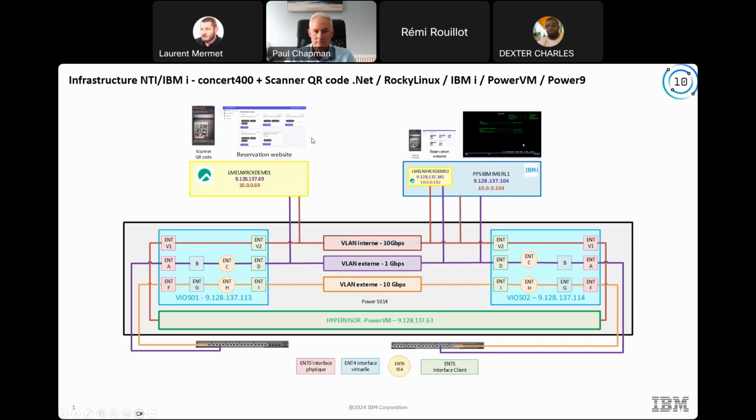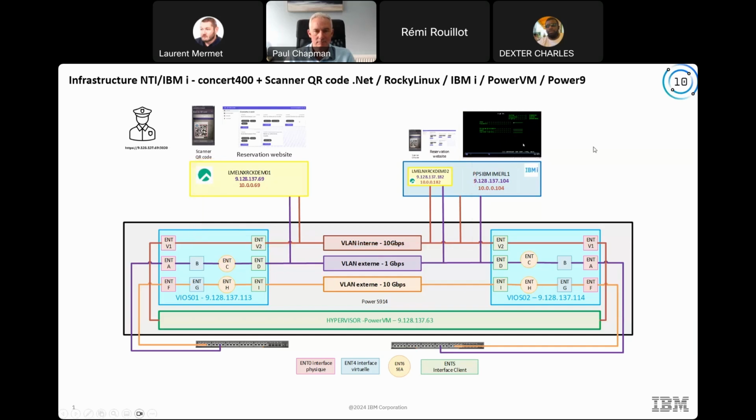When the customer goes to the concert, at the entry, a person can check if the ticket is okay. With a phone or a QR code scanner, you can check the QR code of the ticket. So another request is sent to the IBM i partition in real time.